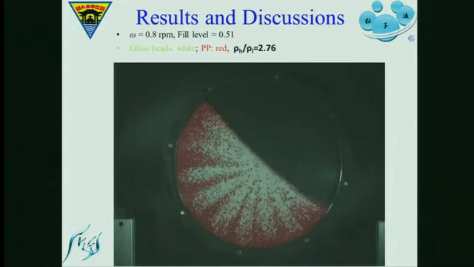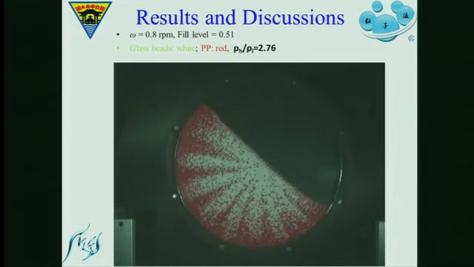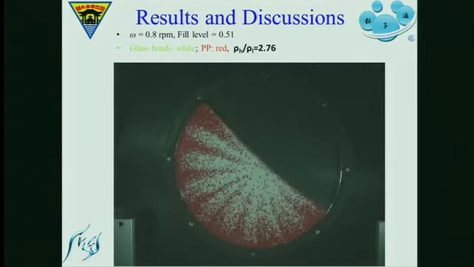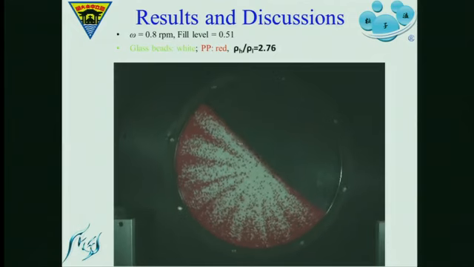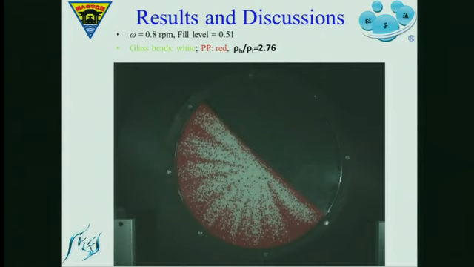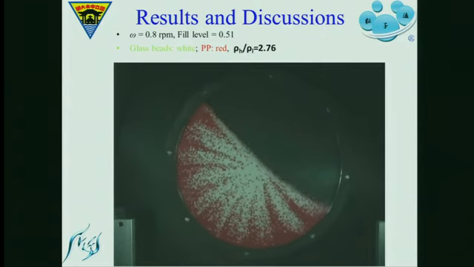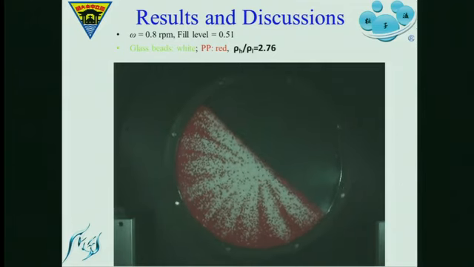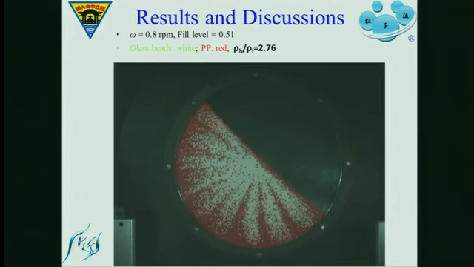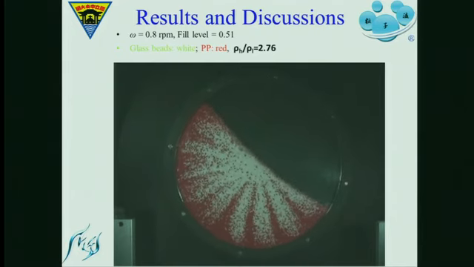So now it is very clear, right? For red particles, as I mentioned, they are lighter particles, and lighter particles have a larger dynamic repose angle.